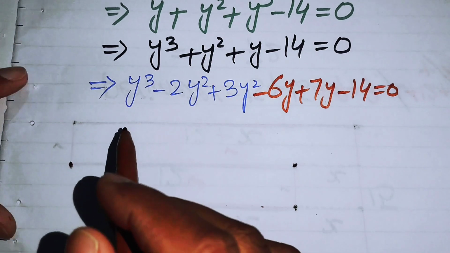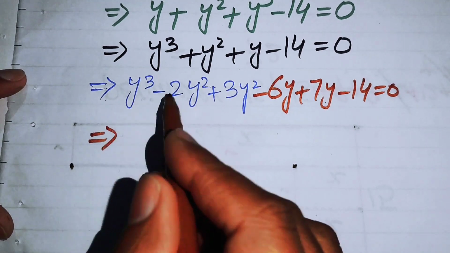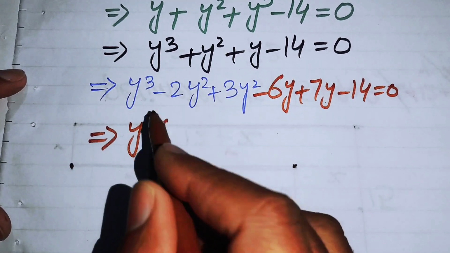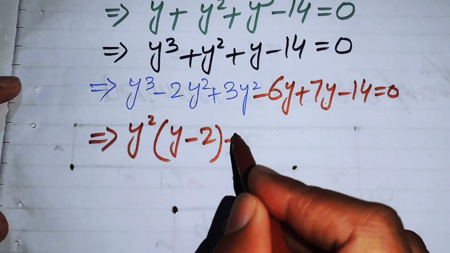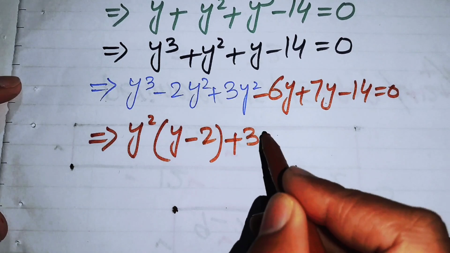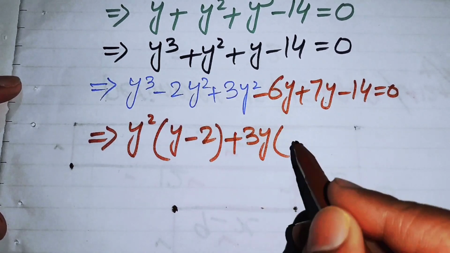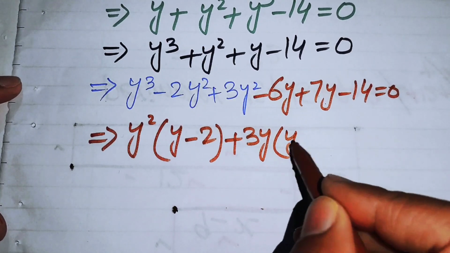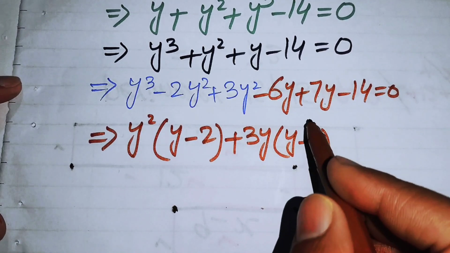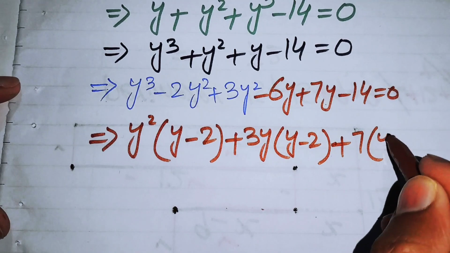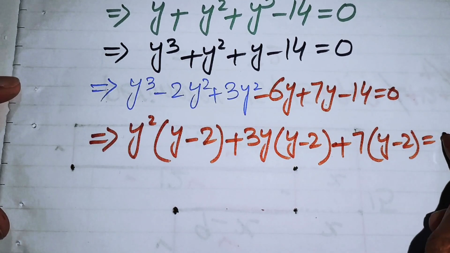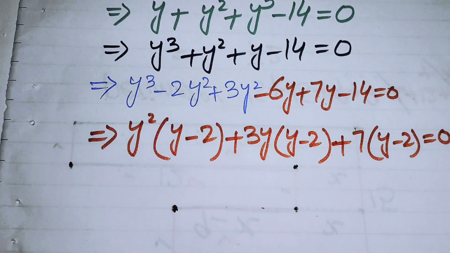First you take common y squared from the first two terms and you obtain y minus 2, and now you take common plus 3y from the second two terms and you get y minus 2, and now you take common plus y on the last two terms and you get y minus 2 equals 0.